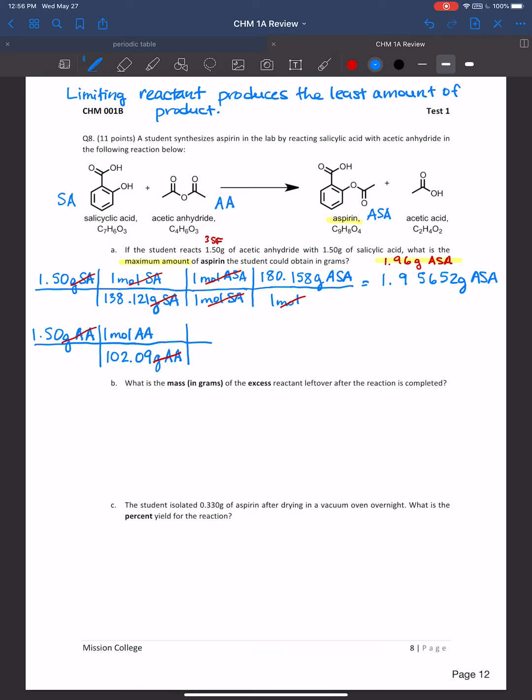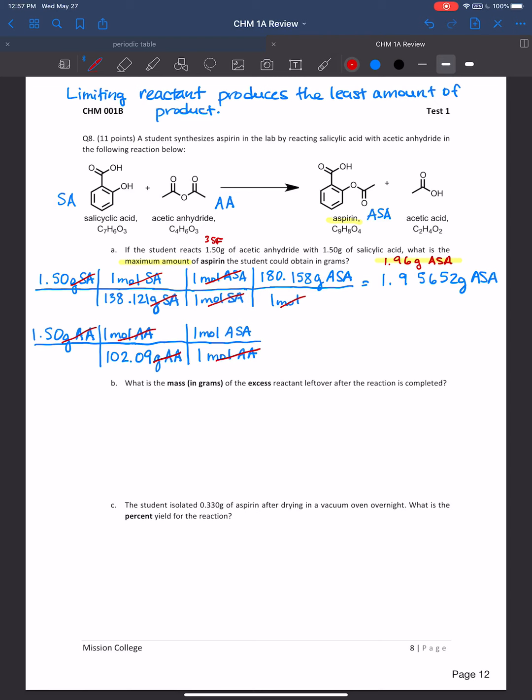And we don't want to be in acetic anhydride, we want to be in aspirin or acetylsalicylic acid, so we need to use the mole to mole ratio. Whenever you want to convert from one species to another in a chemical reaction, always use the mole to mole ratio.